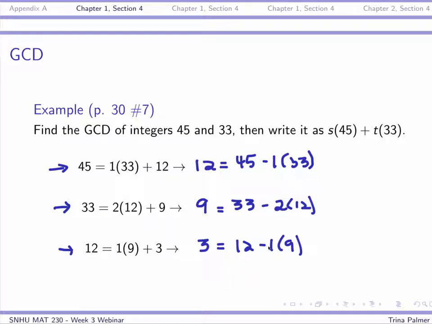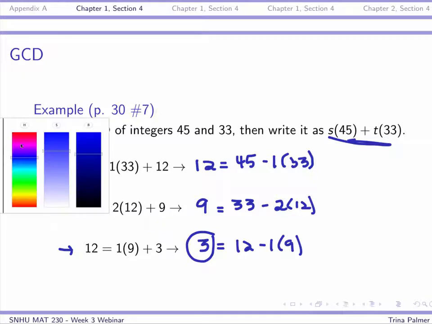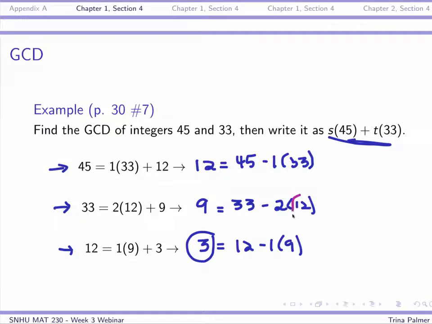So the big scheme of things, what we're going to do now, so we're trying to get 3 equal to this combination. So I'm going to kind of do a back substitution.